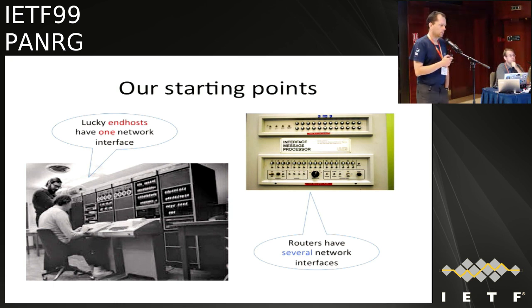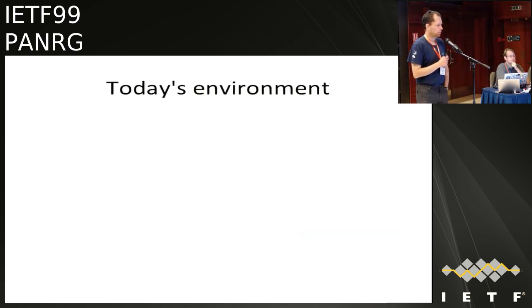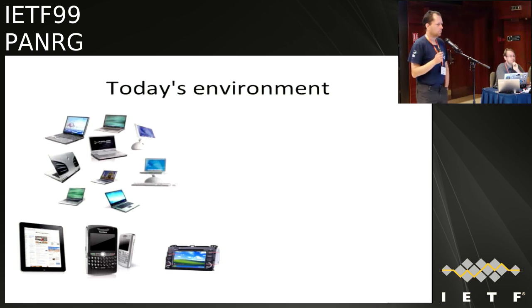What do we have today? Well, today the end hosts are slightly different. All the end hosts that we have in the room have multiple interfaces. They also have much more capabilities than what we had in the 1970s. In the 1970s, we said, don't put complex algorithms on the end host because they don't have enough CPU, let's put the complexity on the routers.